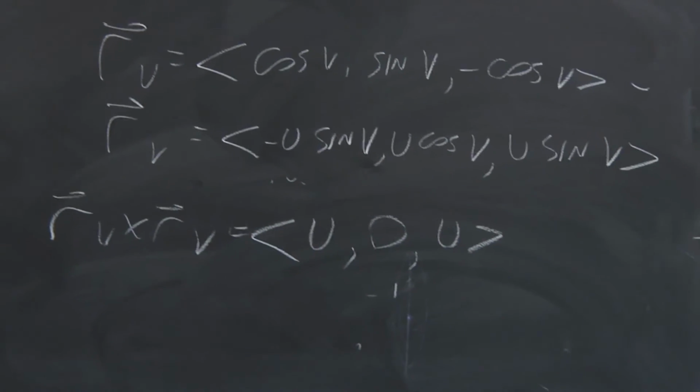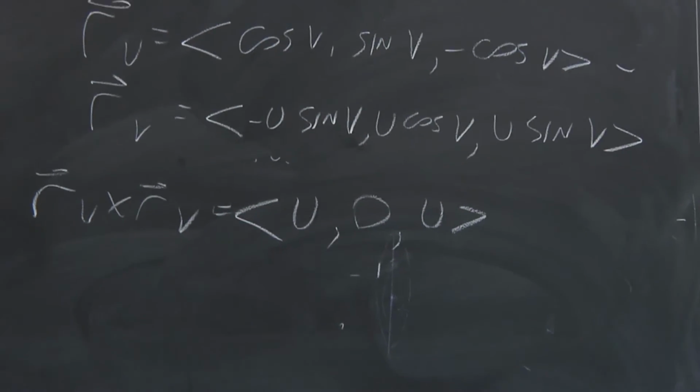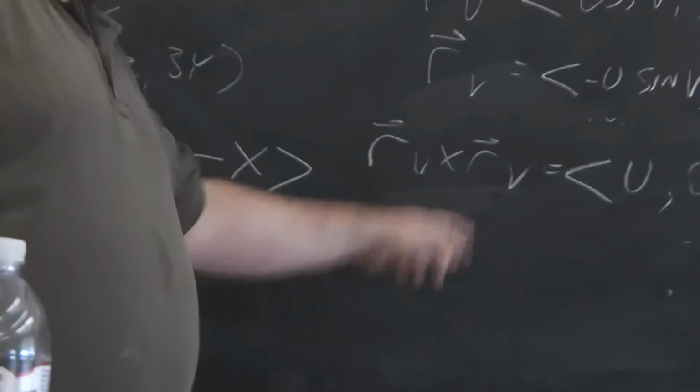And then we need to take the dot product of the curl with this normal vector.